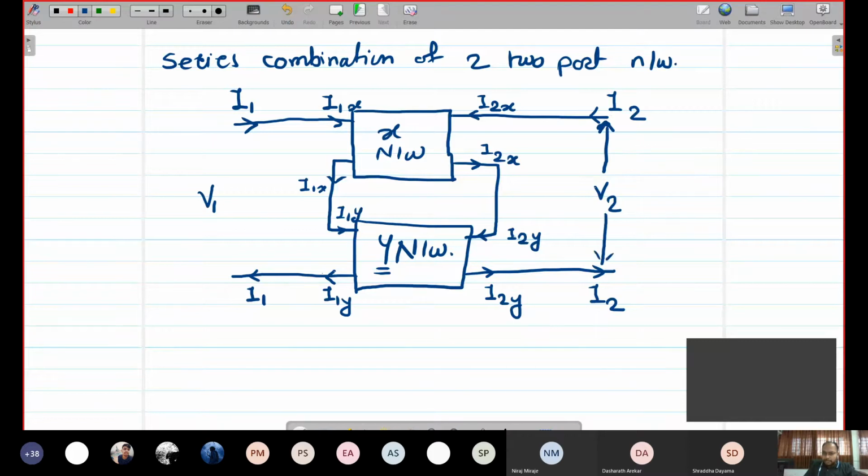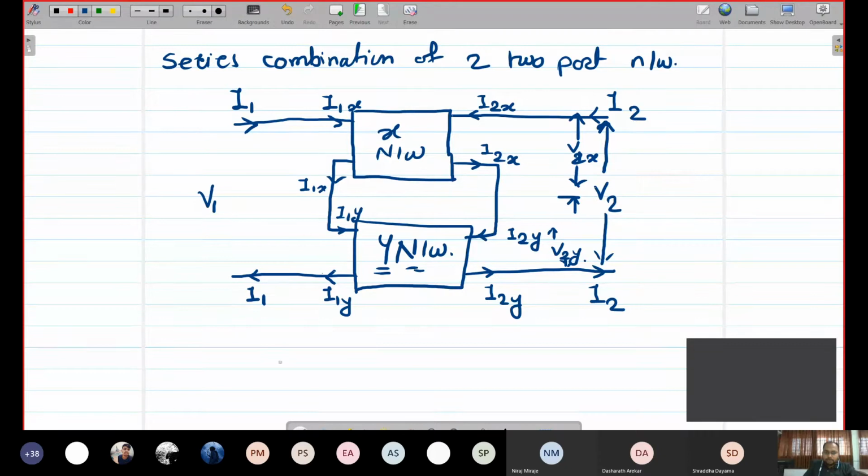Let us say the voltage for the Y network is V2Y, and the voltage for this is V1Y. Sorry, V2X, not V2Y, and V1Y.